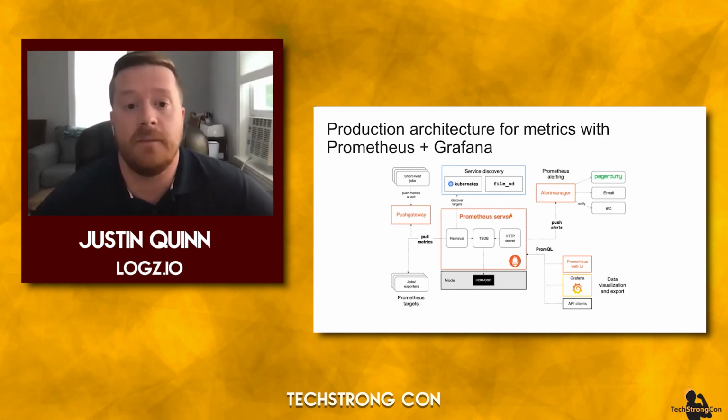Prometheus also has the ability to push alerts to endpoints, things like email or PagerDuty. That way, if you create an alert within Prometheus, let's say for CPU utilization, when CPU utilization reaches a certain threshold, you can cut an alert and have that alert sent to the endpoint of your choice.